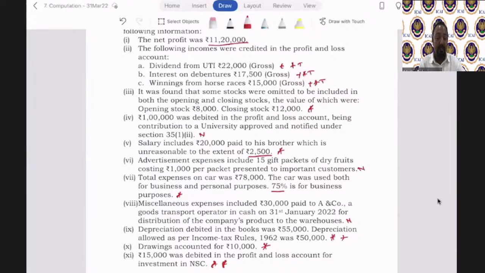Depreciation point, please repeat. Namrata, what I was telling is, see, the car is actually used for both business and personal purposes. So there is a probability that the depreciation relating to your personal use also should be disallowed, right? So that is also a possibility. But we do not know whether the 50,000 specified under the Income Tax Act 1961 is after adjusting personal use or before.